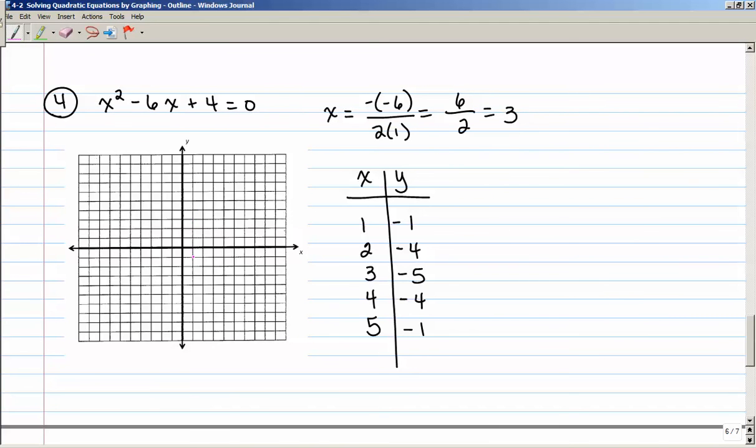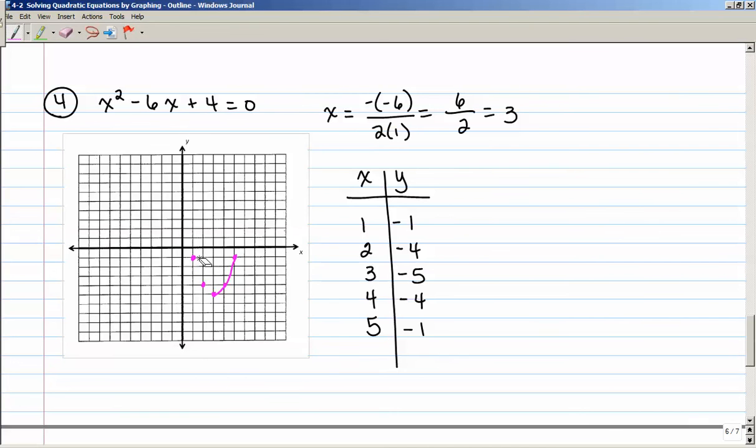So 1, negative 1, 2, negative 4, 3, negative 5, and so on. Now when I graph this, you'll notice it's heading towards the x-axis, but it doesn't quite cross the x-axis. So that means that I need to do some more values of x.